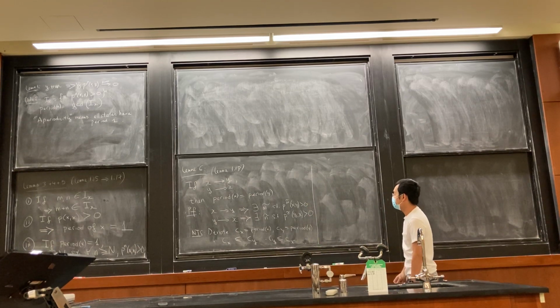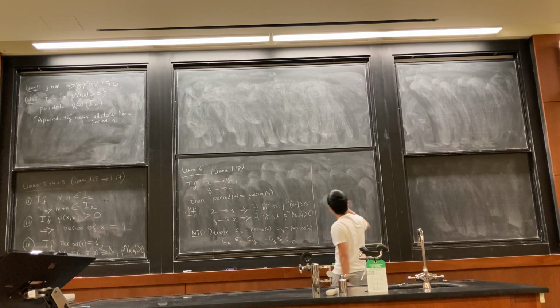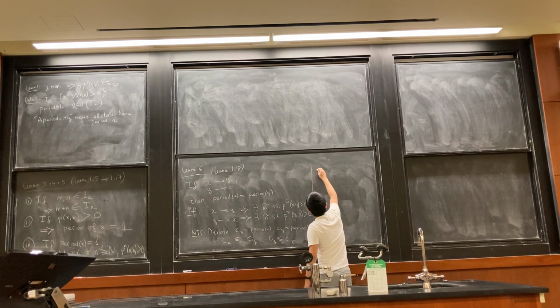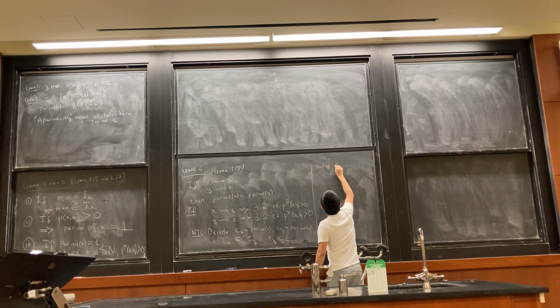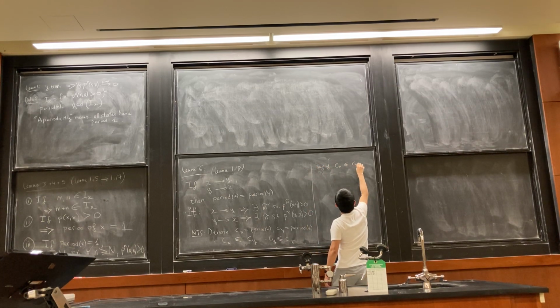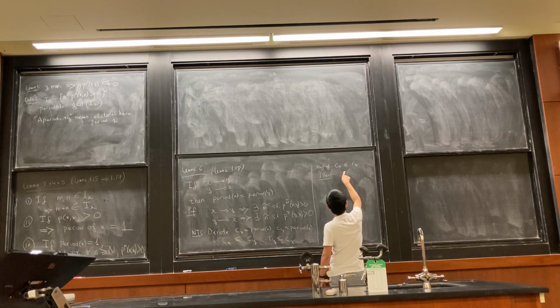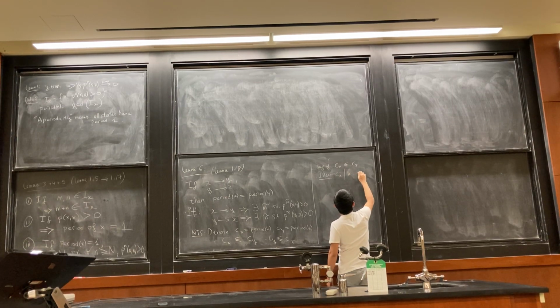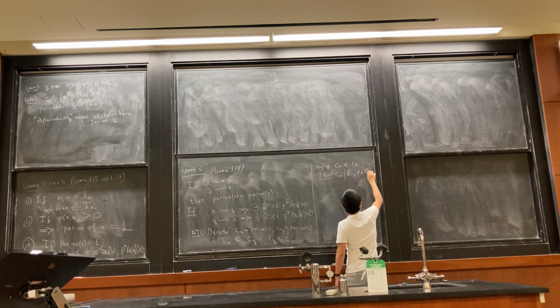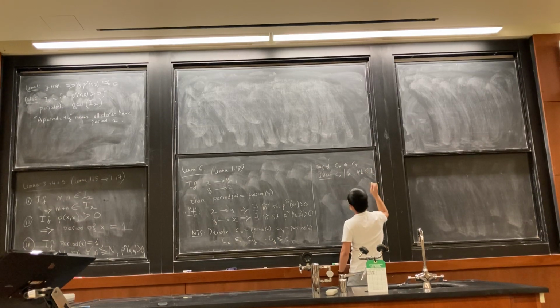So how do I know CX is less than CY? Now, proof of CX less than CY. The idea here is, what is CX? CX will have to divide all K for all K inside of IY.